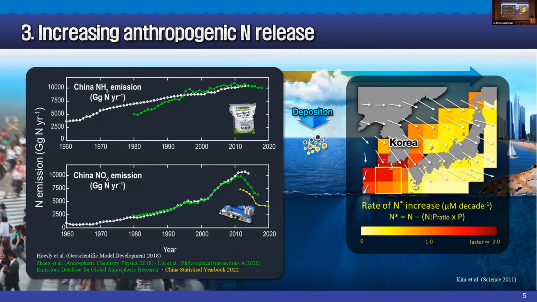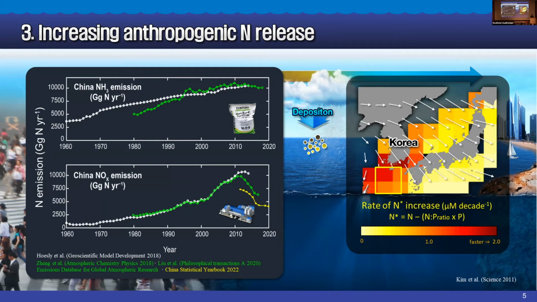Third factor, the emerging factor, is the increasing input of anthropogenic nitrate into the region. The panel on the left, upper one, is the Chinese ammonia emissions for the last 60 years. It has tripled over the last 60 years, and the ammonia emissions appear to have stabilized in more recent years.